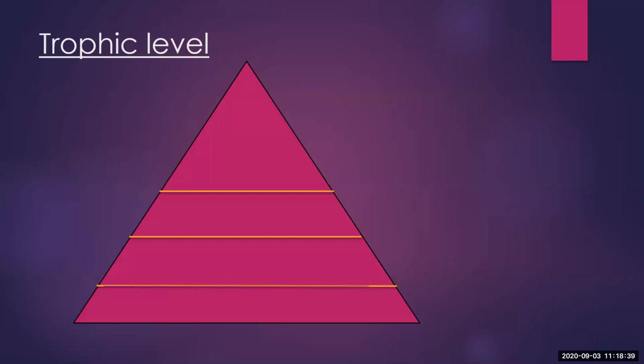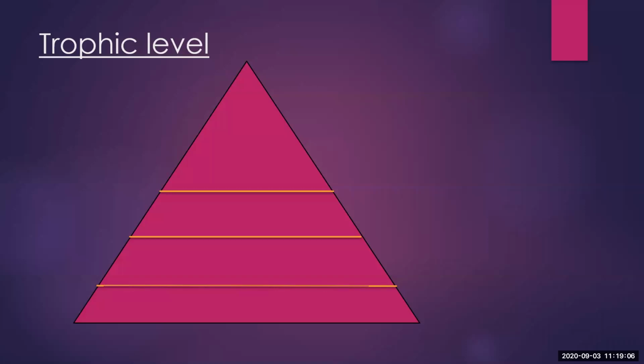A trophic level is the step at which the organism obtains its food in the chain. The amount of matter and energy gradually decreases from producers at the lower level to the topmost consumers at the highest level.